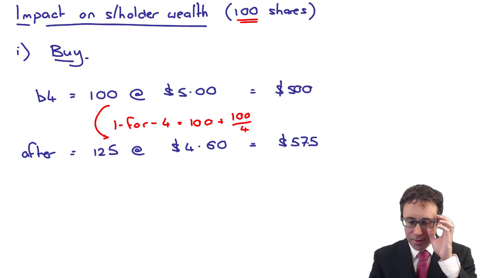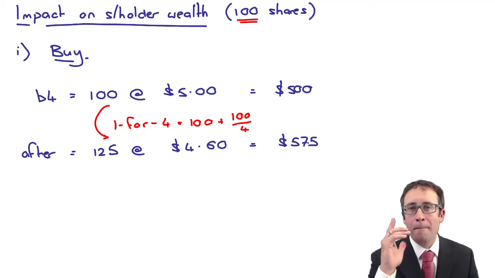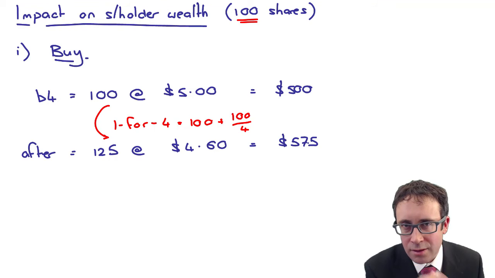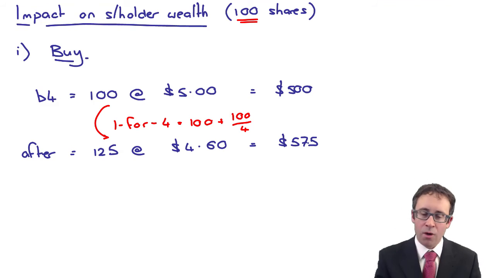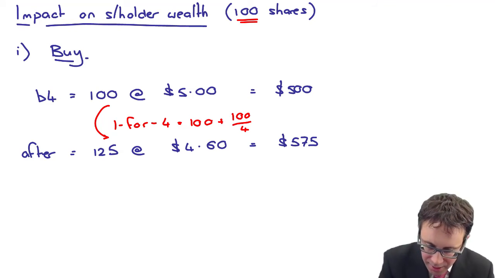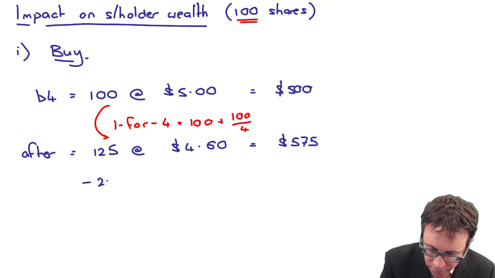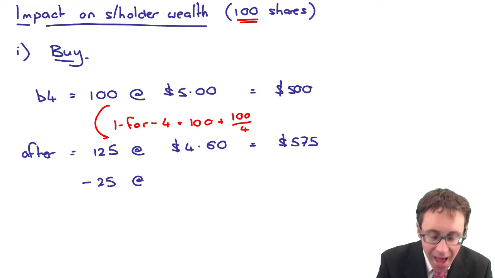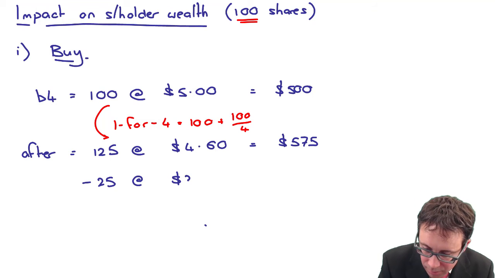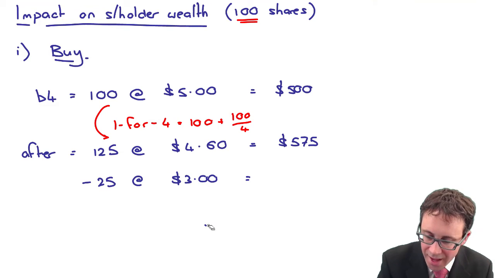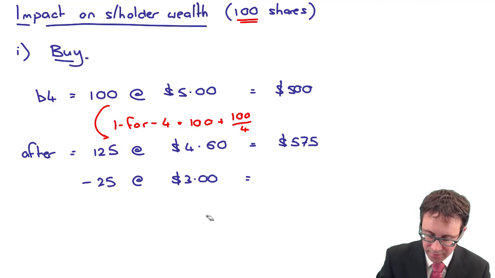No, I'm not, because yes, the price has gone up, but there's something else we need to consider. You need to deduct the fact that you have bought 25 shares at $3. That's when it gets interesting. 25 times 3 is 75.